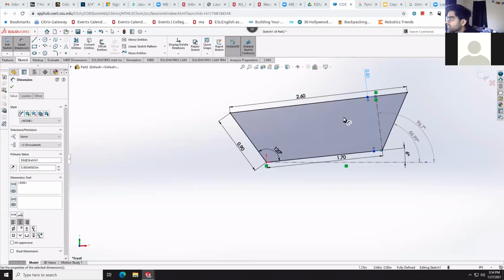I already have a sketch prepared for this problem, and if you analyze this, you can see the lines are exactly the same as given, that is 0.9, 2.6, 120 degrees, over here 6 degrees, 1.7. We found the solution of theta 4 as 66.93, so it is pretty close. And theta 4 dash, we found as theta 3 plus pi by 2.